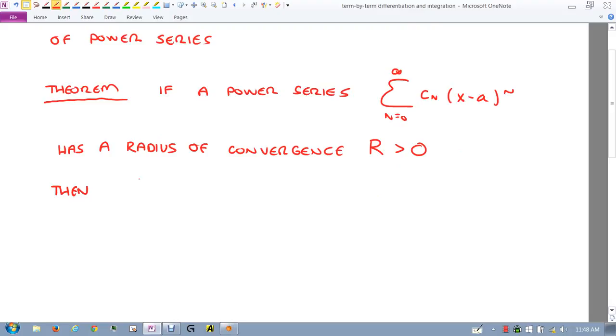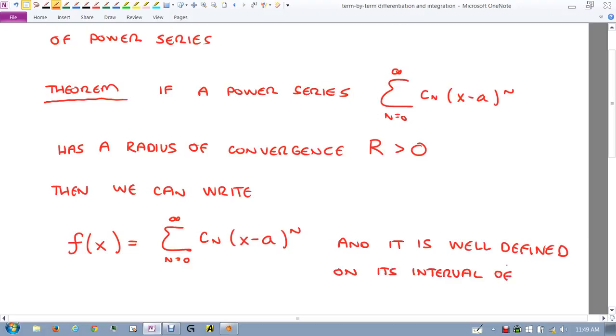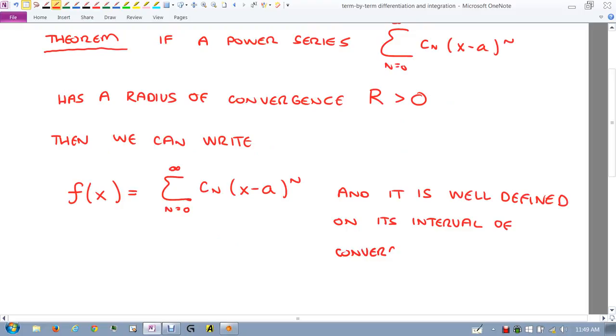Then we can write f of x to be equal to the power series, and it is well defined on its interval of convergence, i.e., its domain.